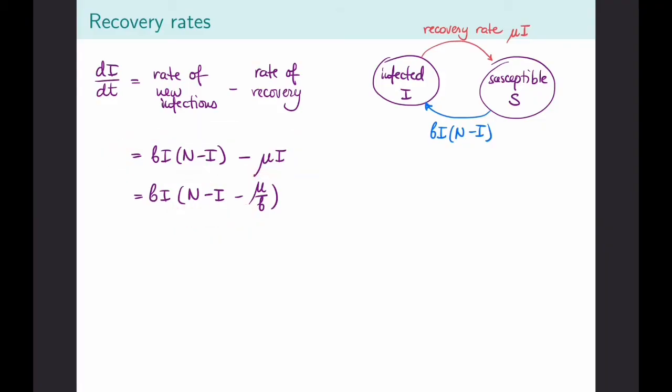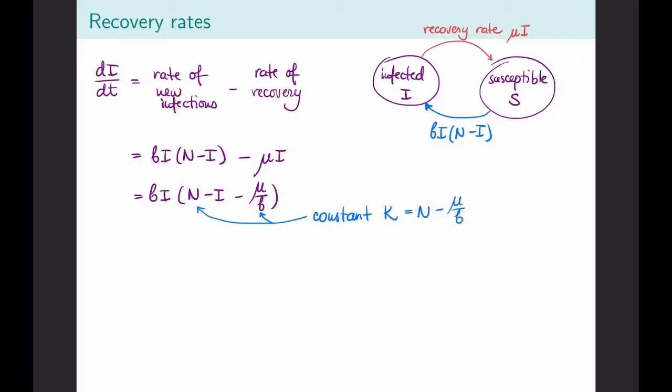So now let's see what I have here. I can notice that this is a constant and this is a constant. There's no point keeping them apart. So I'm in fact going to unite this N and this mu over b into a new constant that I'm going to call, let's say, k. So my k is going to be N minus mu over b.